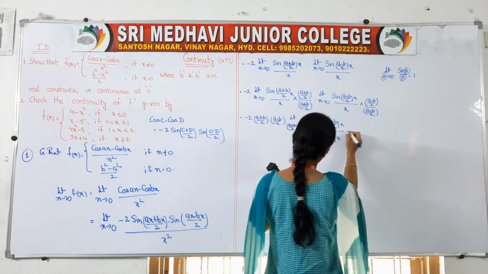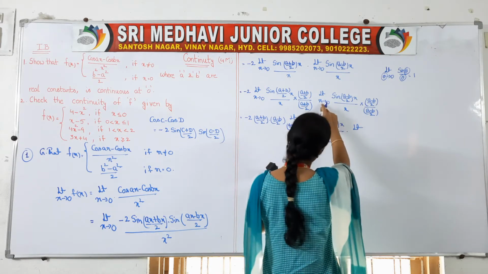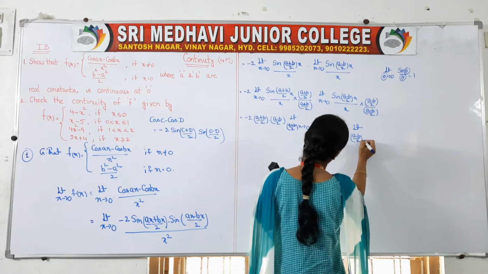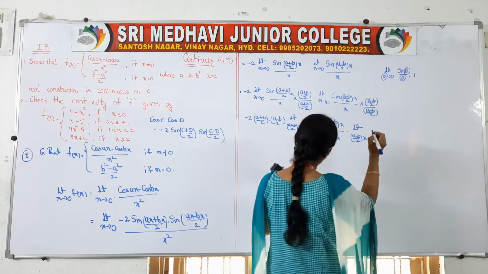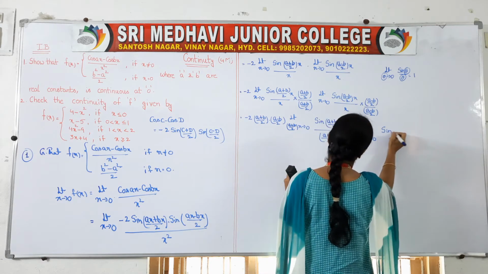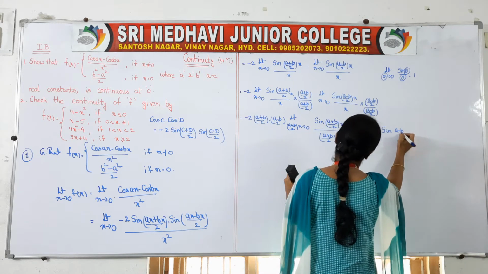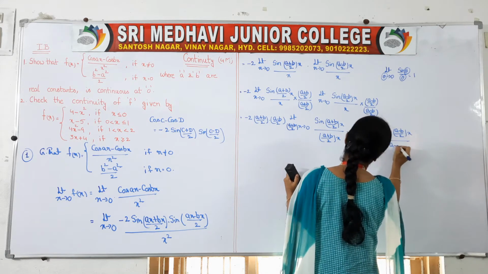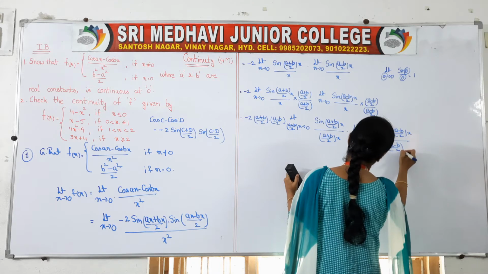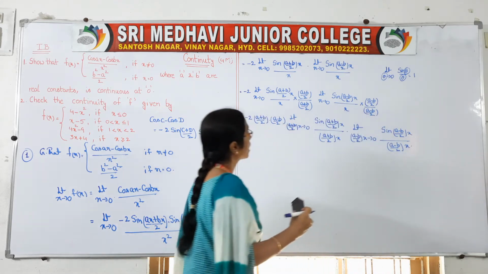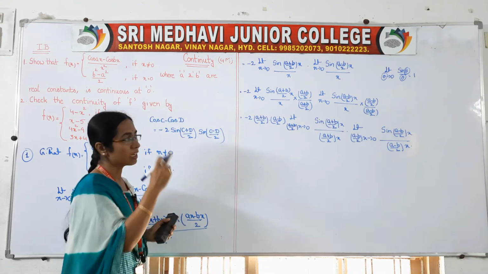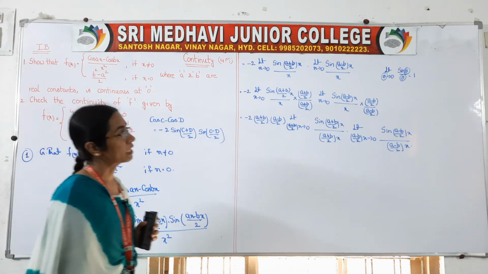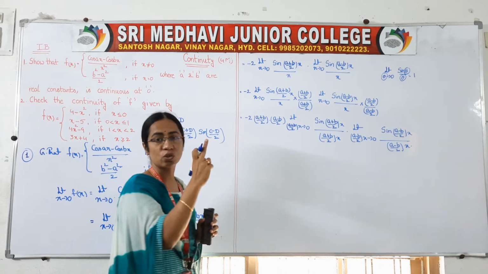Okay. Similarly, here limit, instead of x we can write a minus b by 2x tends to 0 sine of a minus b by 2x by a minus b by 2 into x. So if you observe, now both are in the limits formula form: limit theta tends to 0 sin theta by theta is equal to 1.